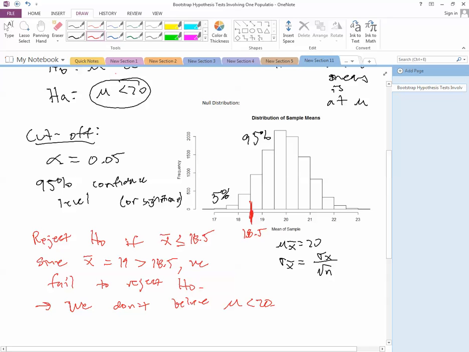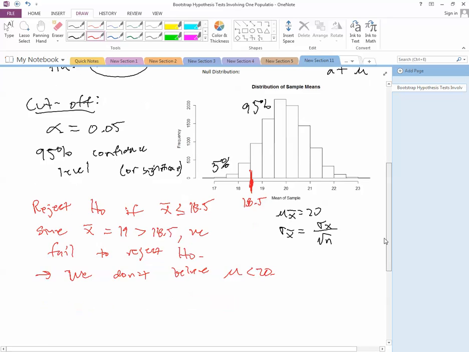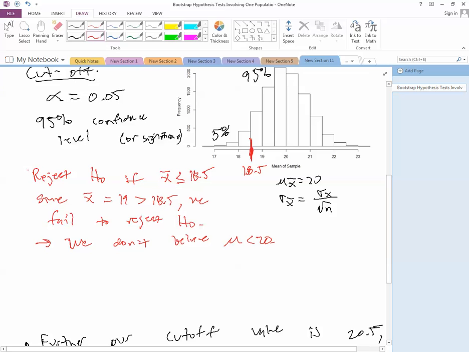Another way to say this, and I'm going to have you say this 3 ways: what you're going to do, what that means, and then finally a 95% confidence interval. So what can we say here? Well, if this is my cutoff, that means I'm 95% confident that mu is greater than or equal to 18.5.